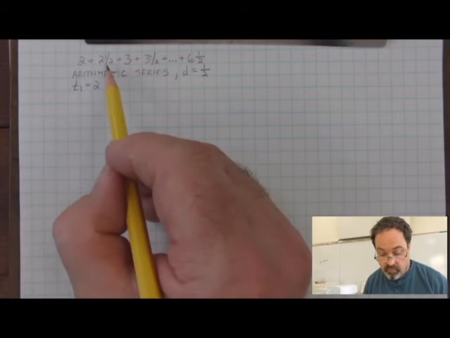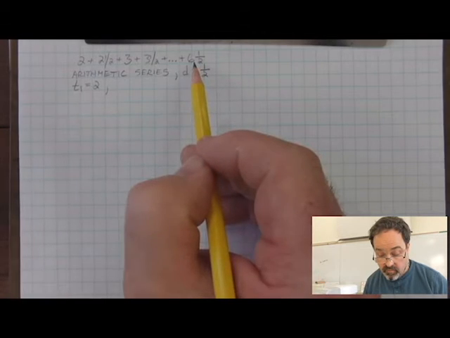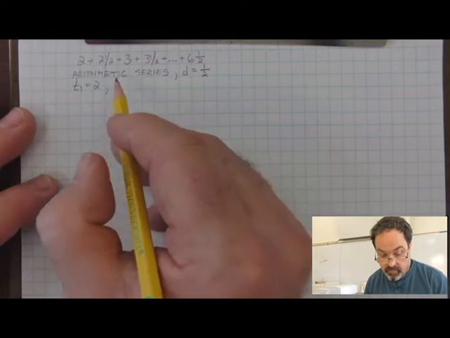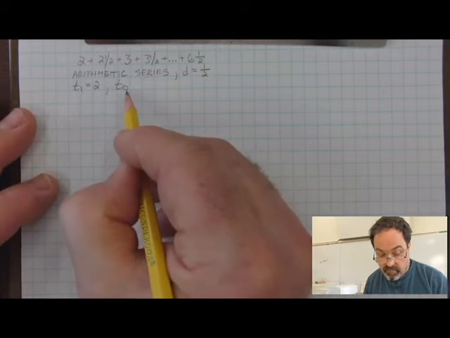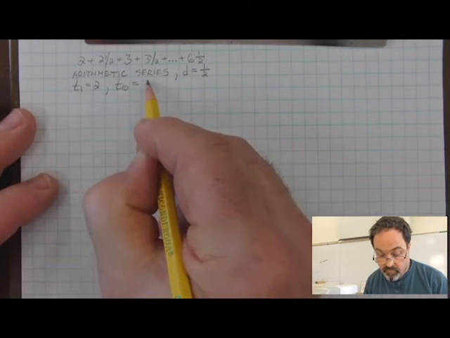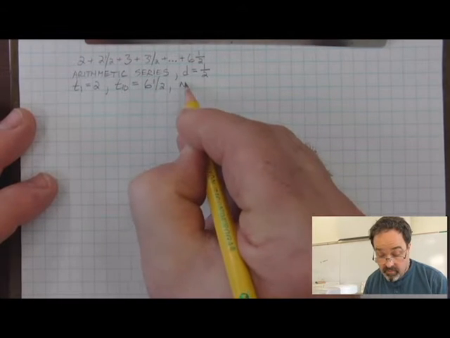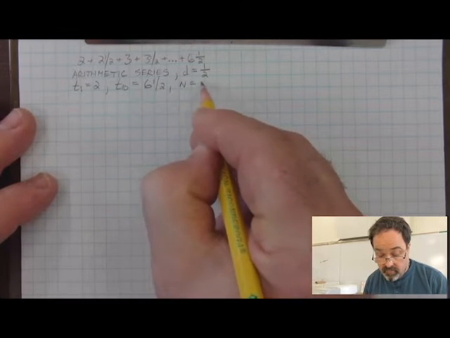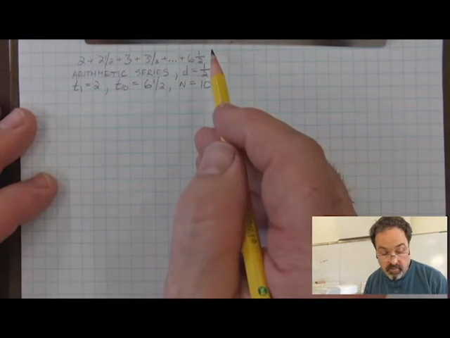If we count 2, 2.5, 3, we would count 10 times to reach 6.5. So we could say term number 10, or t sub 10, is equal to the value 6.5. And n, the number of terms in this series, is equal to 10. We have 10 numbers to add together.